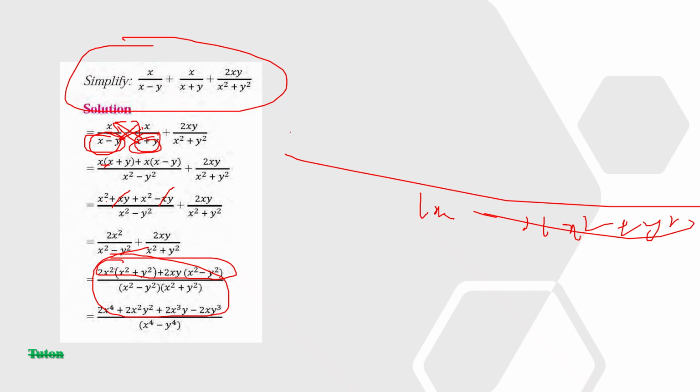Here we are left with 2x squared, and x squared will add up to become 2x to the power 4, and 2x squared and y squared will multiply, and we are left with this term.